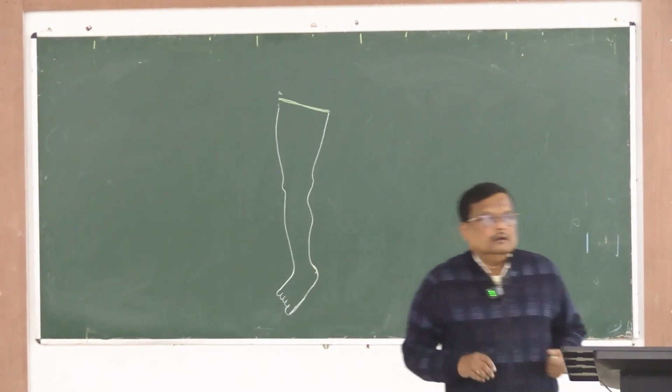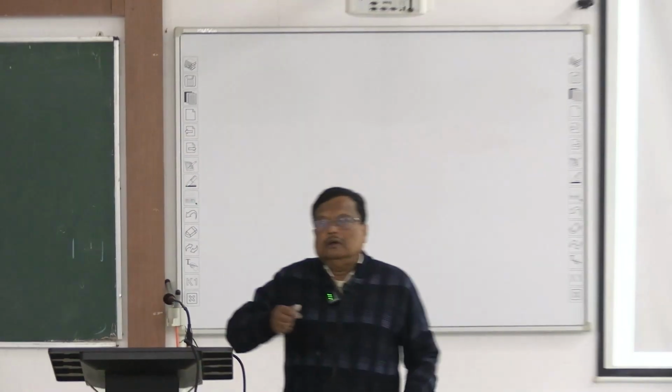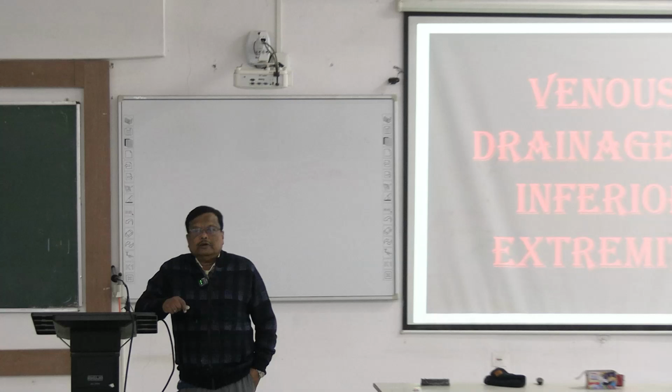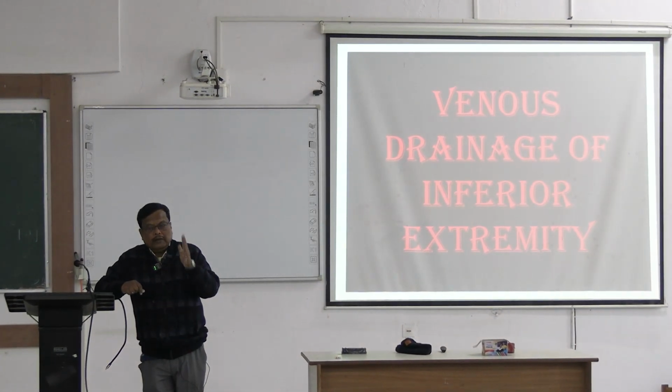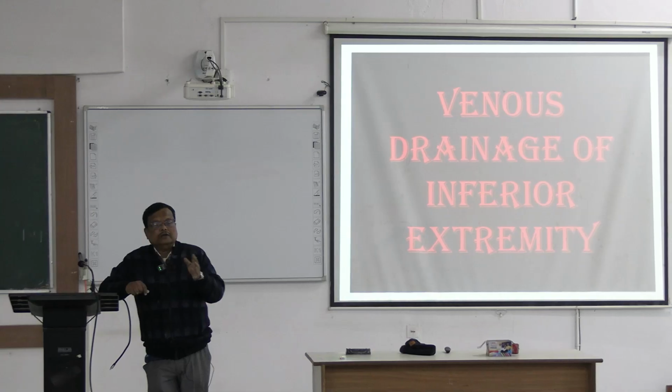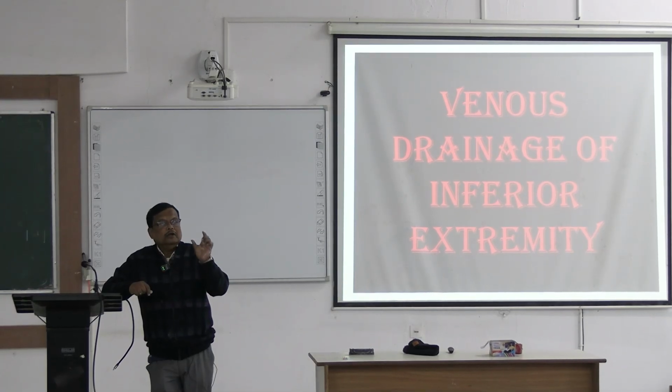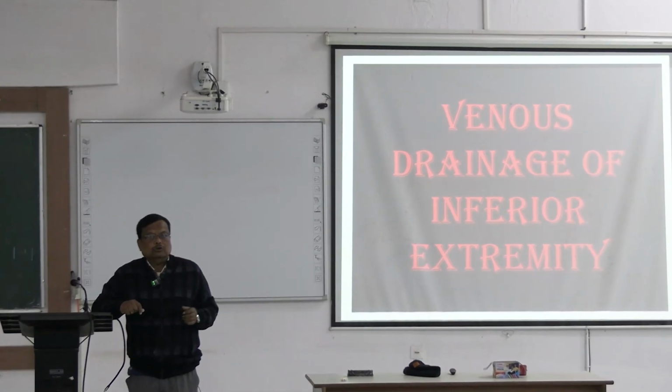And the veins of the inferior extremity, you can classify, not arrange, better to say you can classify, into three groups. What are they?